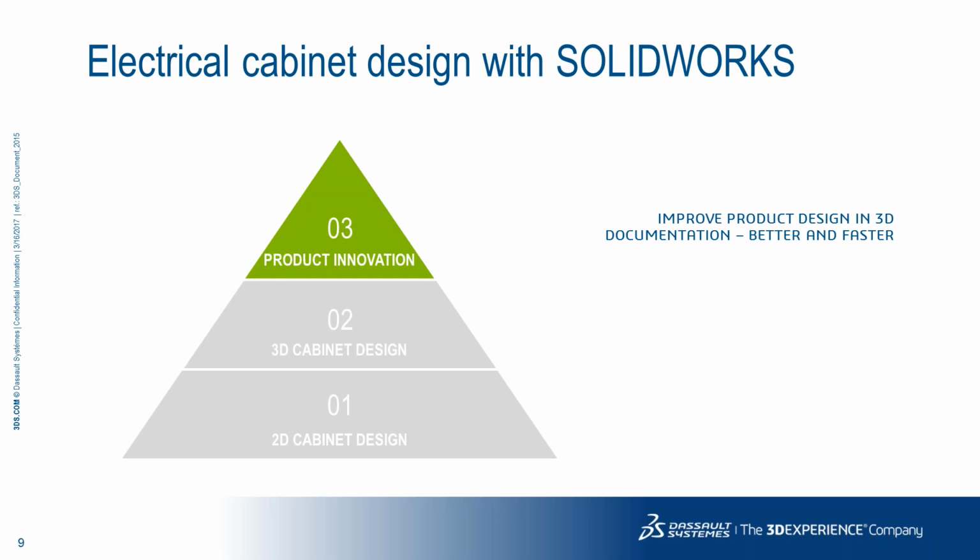So I'm improving that design in that area, but it could be in many other ways. The bottom line is that I will be able to adapt my electrical design better to the machine or to the facility where my electrical installation is going to be, thanks to a 3D design, okay.